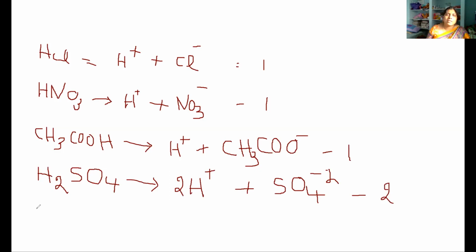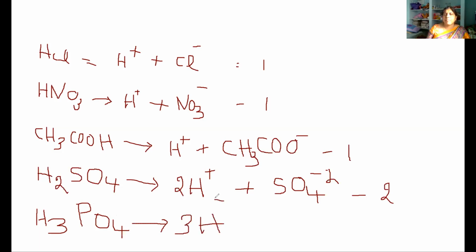Similarly, H3PO4. I will split it into 3H plus ions plus PO4 minus 3. Its basicity is 3.